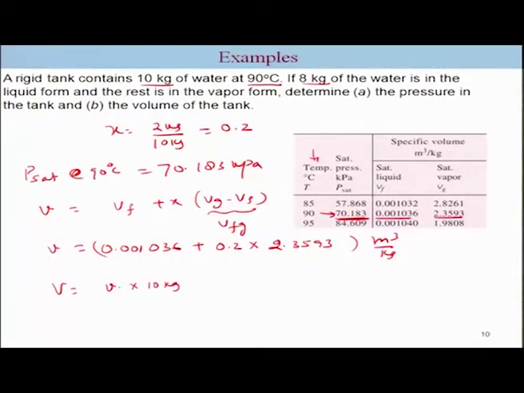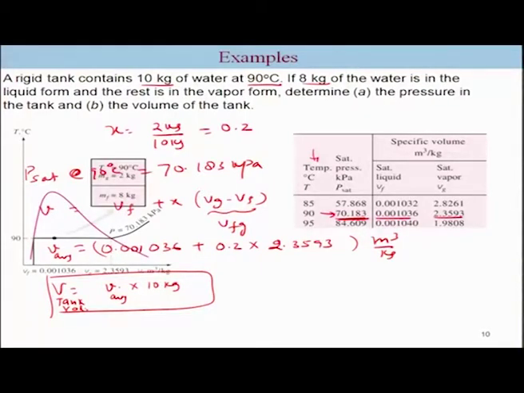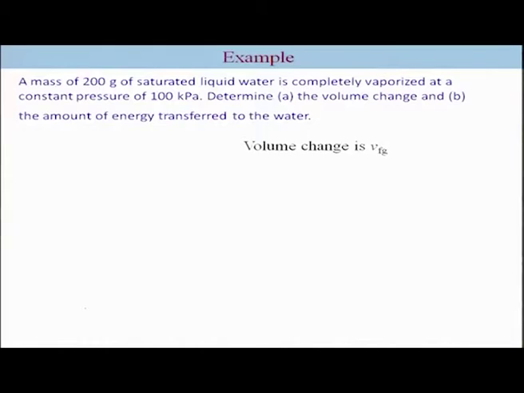Okay, so, this is nothing but V average, right. So, V average times 10 kg, and that will give us the volume of the tank. So, a simple way of using the tables to get the information for this case. Okay. So, let us continue further with another example.